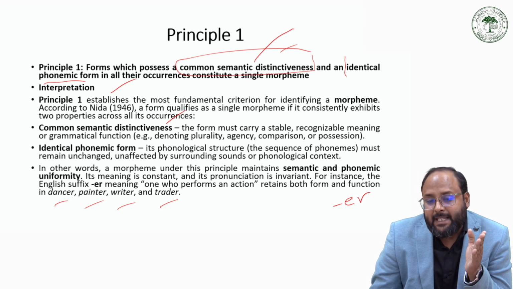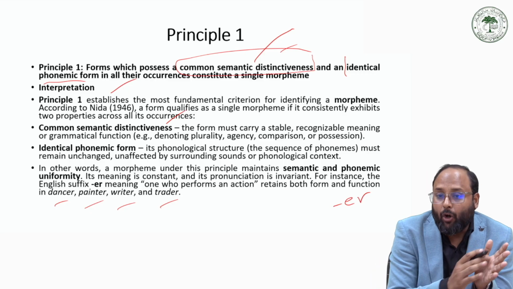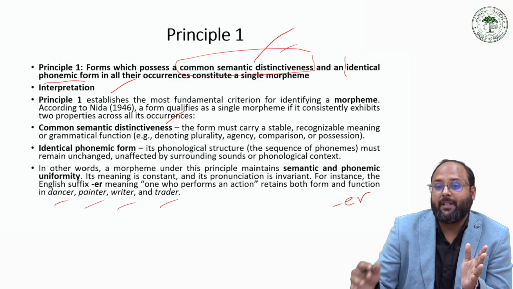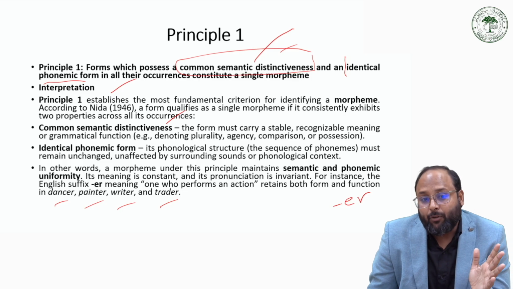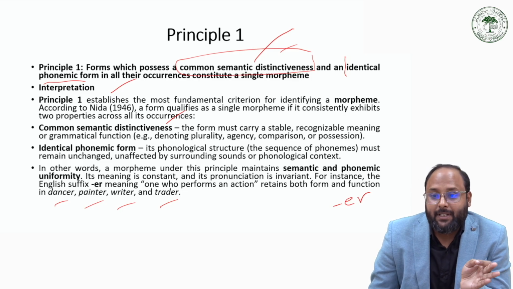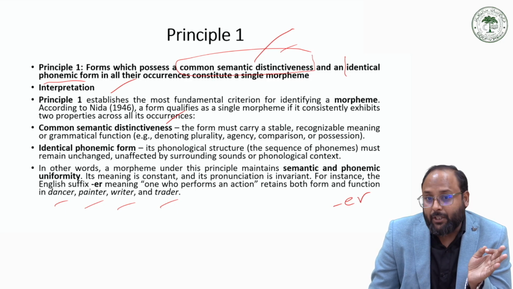It has the same grammatical function or meaning in all its occurrences, if it occurs in many words, and it has an identical phonemic form. That means the phonological structure must remain unchanged and unaffected by surrounding sounds or the phonological context. So it does not change across words.